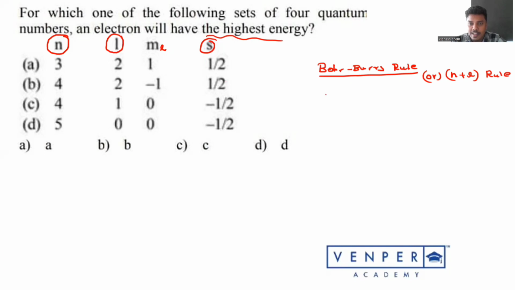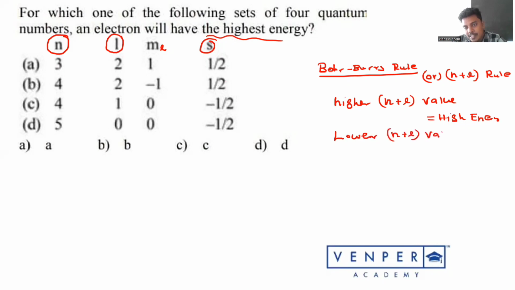What is L? Azimuthal quantum number. Please note, the higher the N plus L value, the higher the energy. Similarly, the lower the N plus L value, the lower the energy.